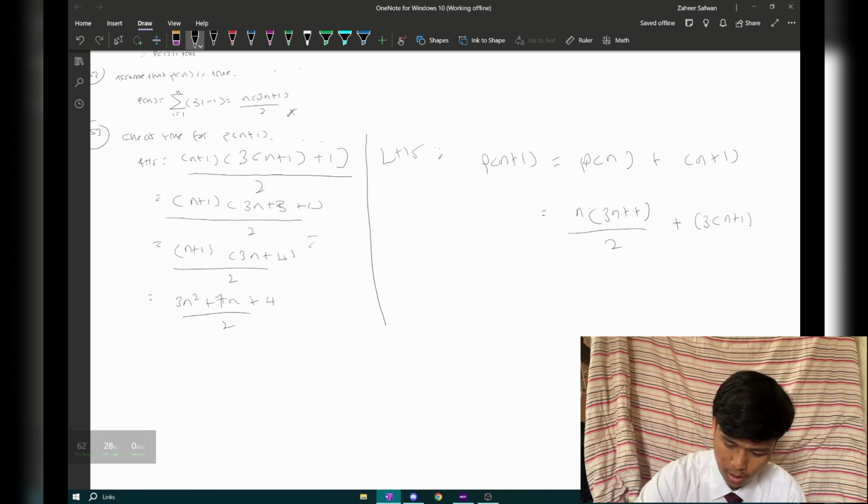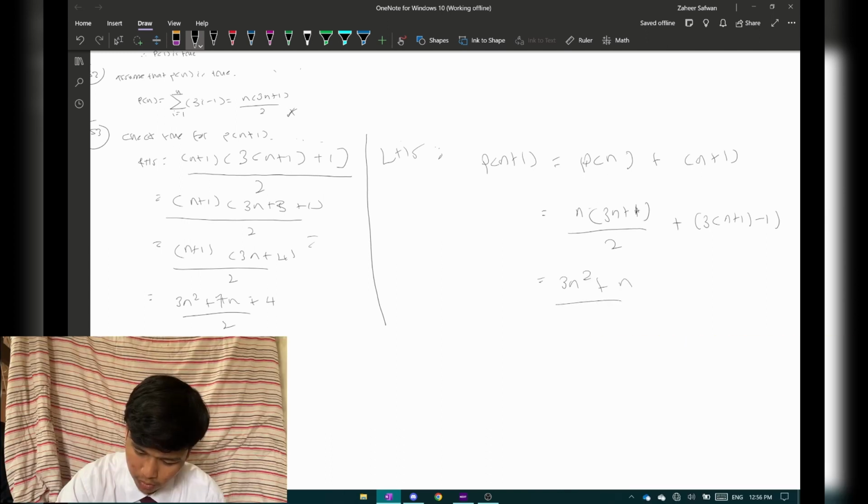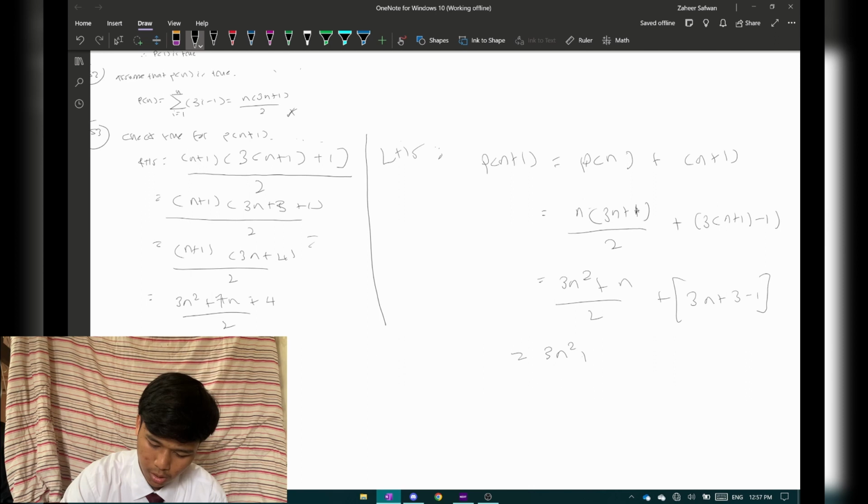3(n plus 1) minus 1. So we settle this term, and we just simplify. So (3n squared plus n) over 2 plus 3n plus 3 minus 1 equals (3n squared plus n) over 2 plus 3n plus 2.